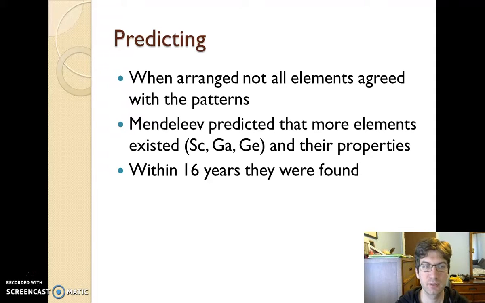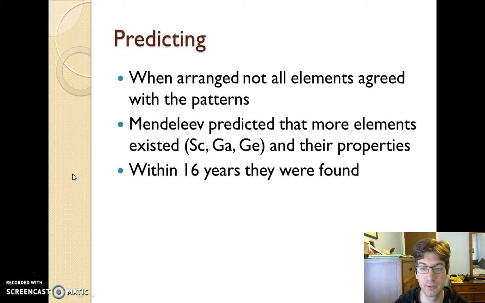When he did do this, he noticed if it had to fit in with the patterns that he had, then there were gaps where atomic mass would work. So it didn't line up entirely correctly. So in order to compensate for these little bumps in his table, he predicted that there were elements that existed that will eventually be found and put into them. Scandium, gallium, and germanium, I believe, are those ones, were the three that he predicted.